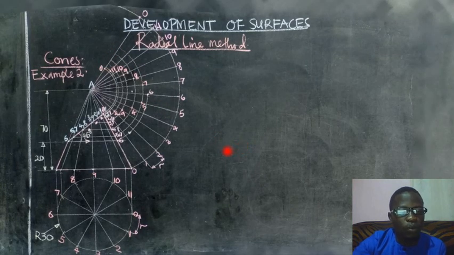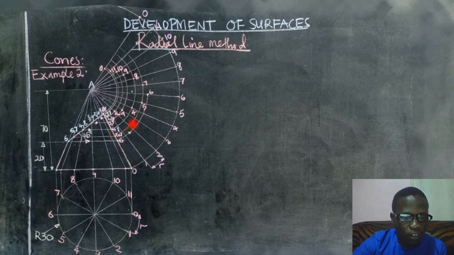We are going to plot those points just like we plotted point 6. For example, when you look at 5 and 7, you get the line for 5 here and the line for 7 there. Then for 4 and 8, and then 3 and 9, until you finish.